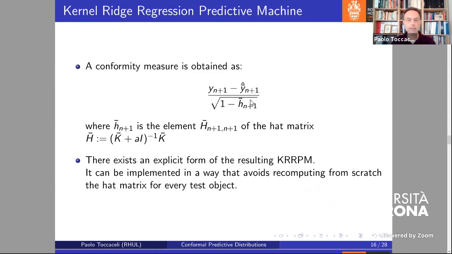And secondly, this explicit form lends itself to be implemented in a way that avoids recomputing from scratch everything, and the hat matrix in particular, for every test object. And the hat matrix is a bit compute intensive because it entails, as you can see here, a matrix inversion.